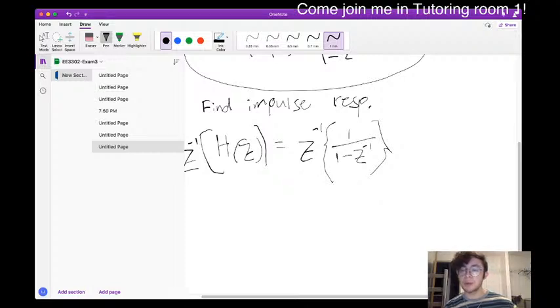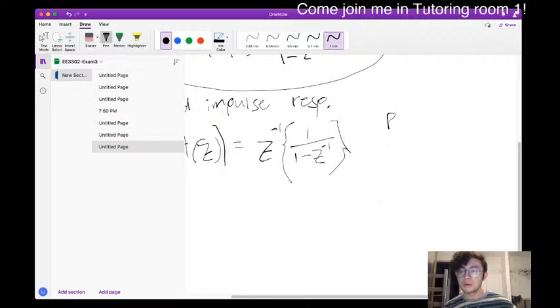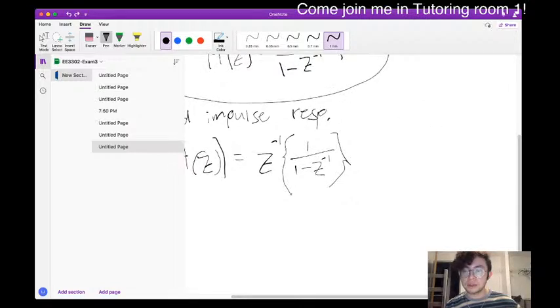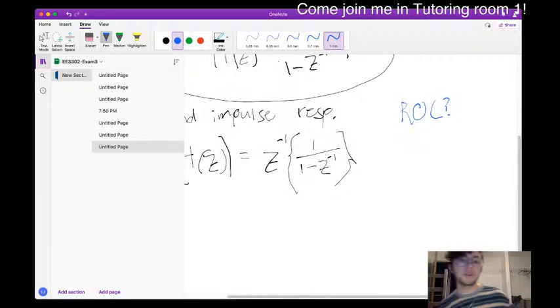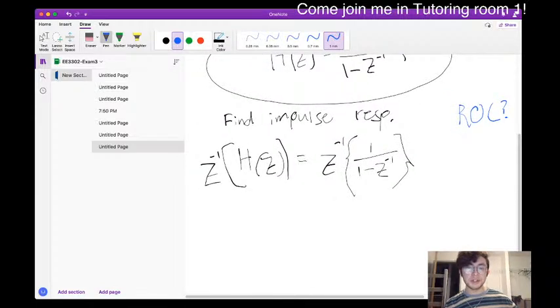And this is specified by the ROC. So we need something that specifies our ROC. We're asking, what is our region of convergence? And you'll notice in the problem, they actually said that you want the causal impulse response from this z transform.